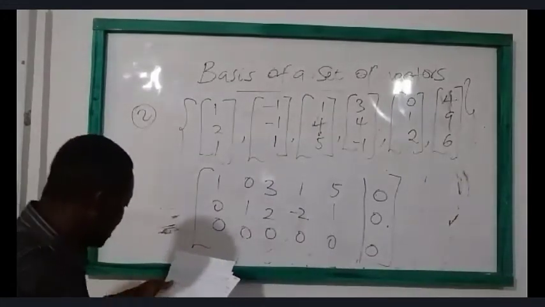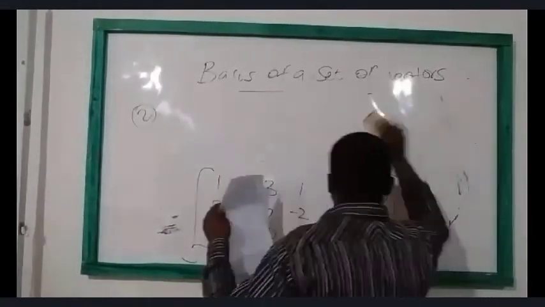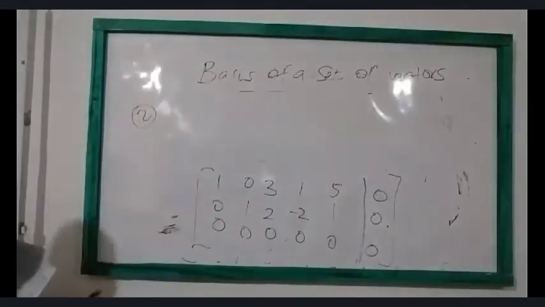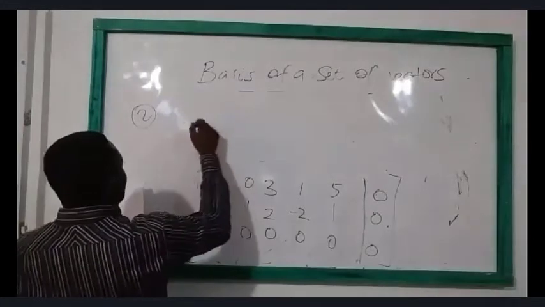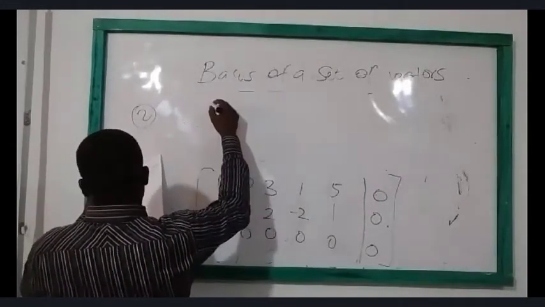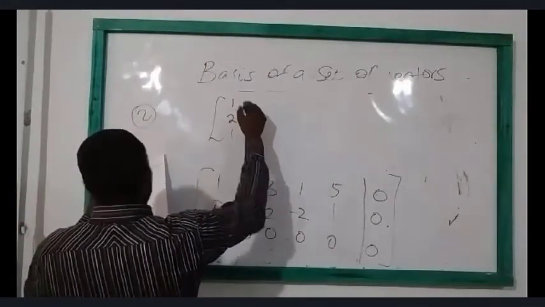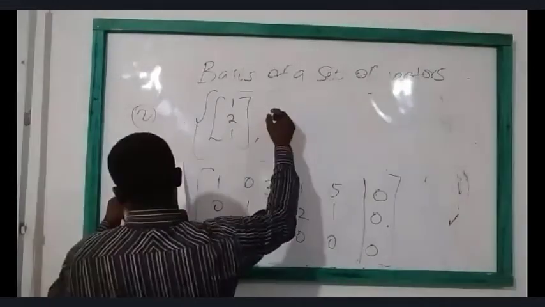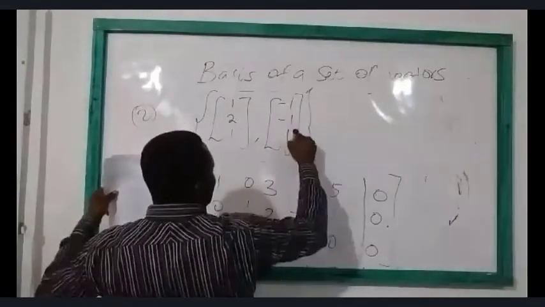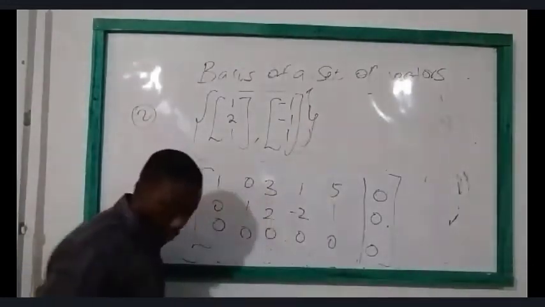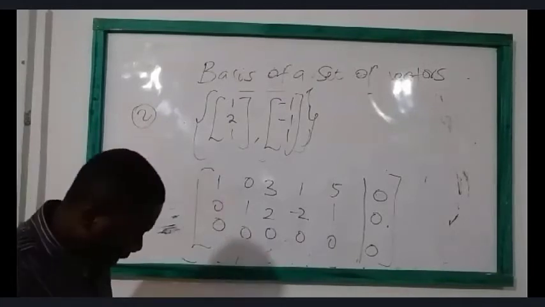So your conclusion is that only the first vector and the second vector will form the basis, because they were the ones that gave us the leading ones.